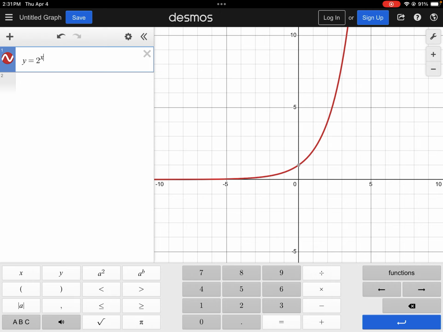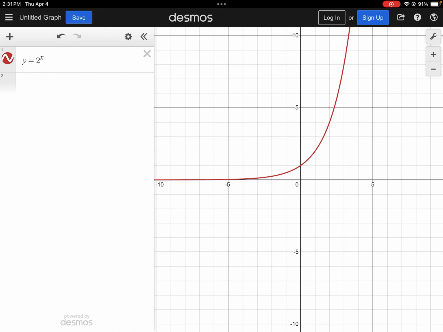And if you look on the x-axis, so the horizontal axis, you might be like, okay, Ms. Todd, I see that touching the x-axis. That red line is reaching the x-axis. And what I'm going to do is zoom in. So right now, every grid line is 1 to 1.